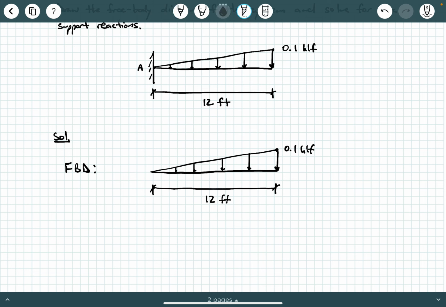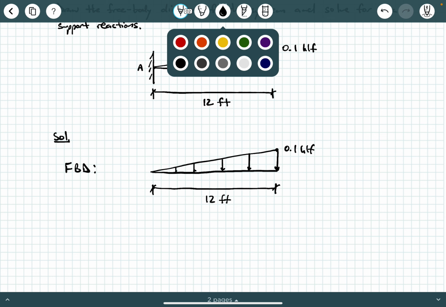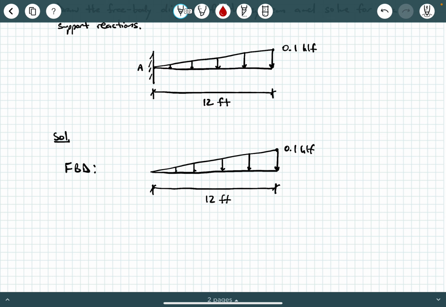Now, what are the support reactions? Well, at the point A at the left, you have a fixed connection. So at fixed connections, there are 3 reactions that develop. There is a force in the x direction, we'll call that AX, or the horizontal direction. There is a force in the y direction, we'll call this AY. And then there is going to be a moment reaction, MA. The reason for that is because a fixed connection restrains all movement.